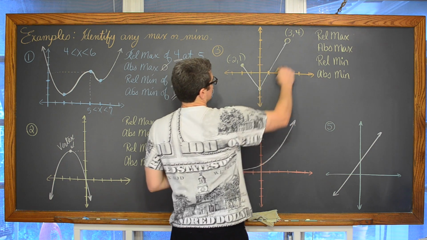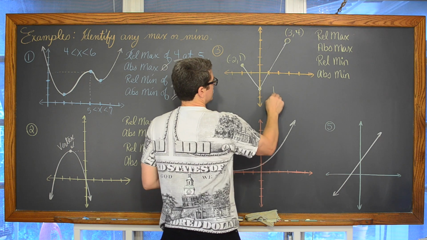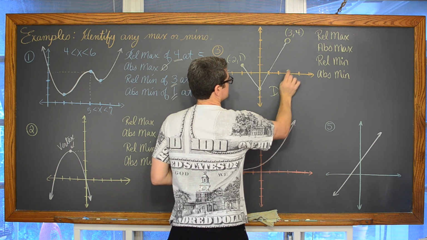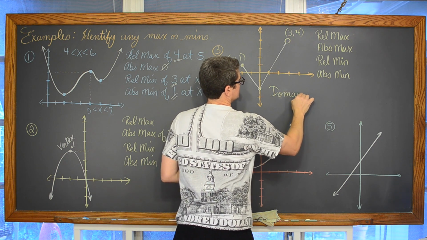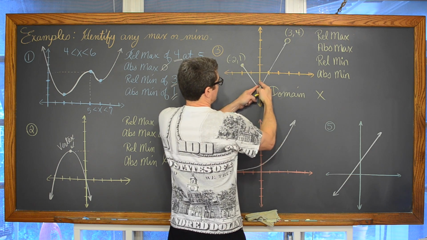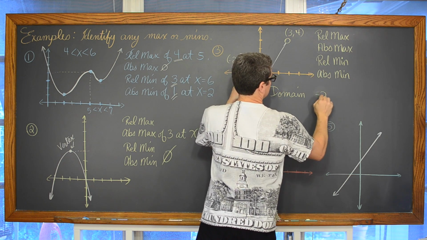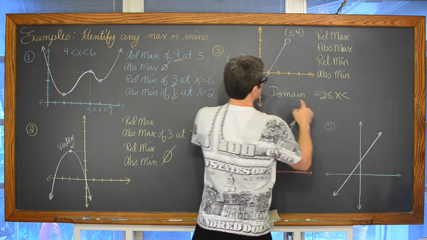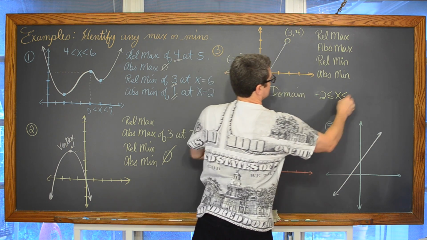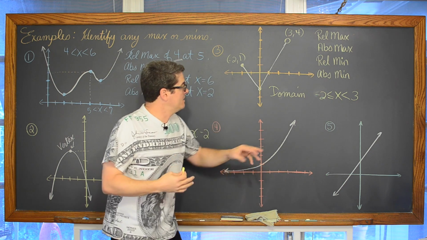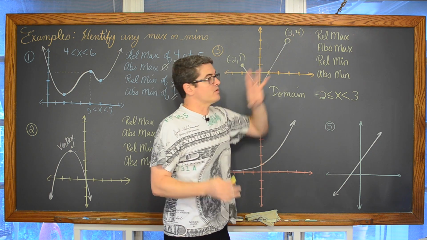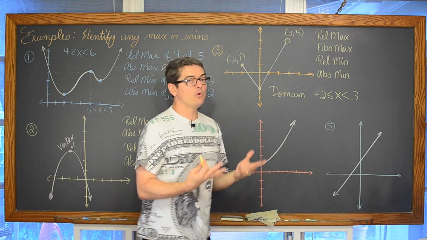If I were to talk about the domain of this graph right now, the domain is all x's from -2 up to, but not including, 3. So if 3 is not part of the domain, then I never get to the point 3, 4.